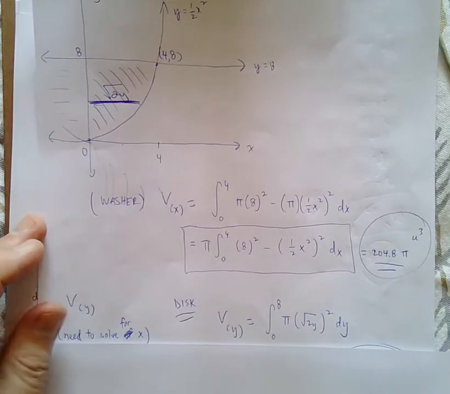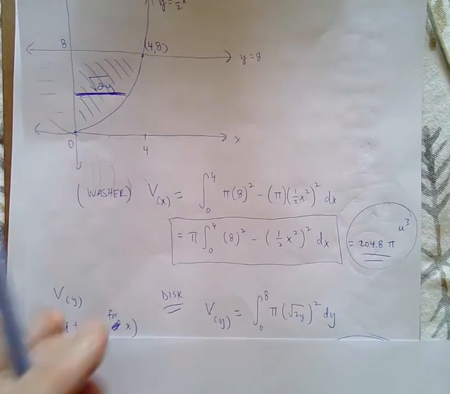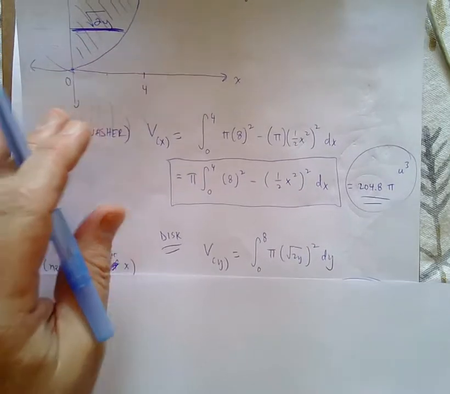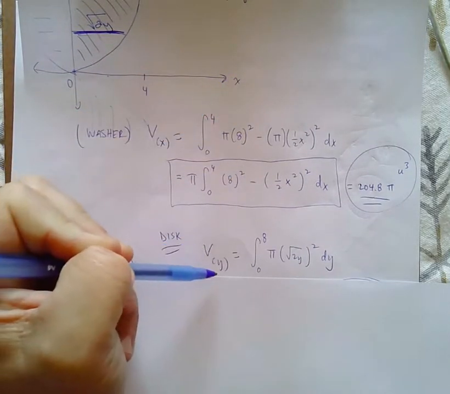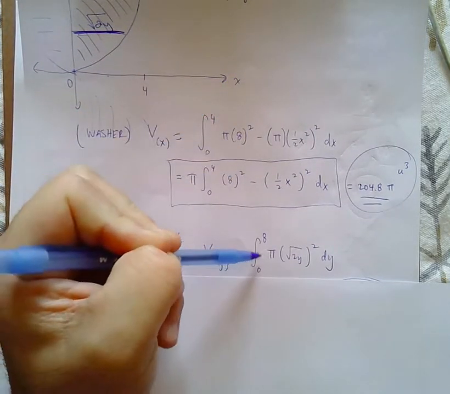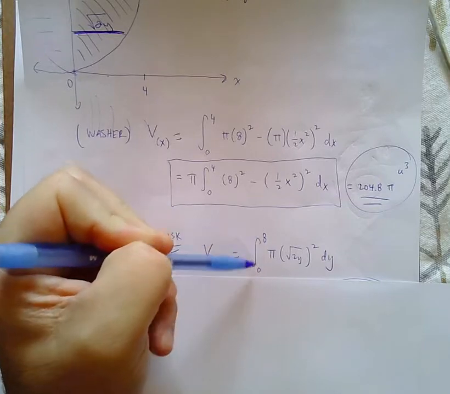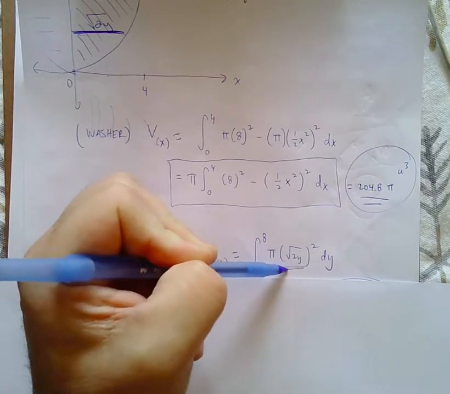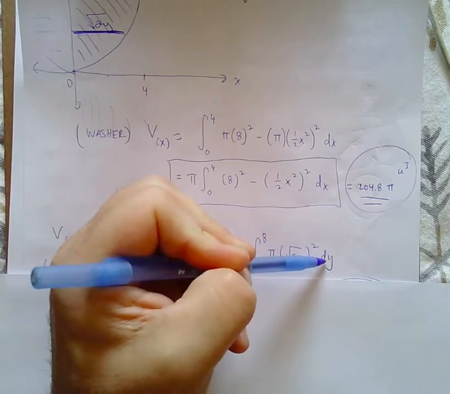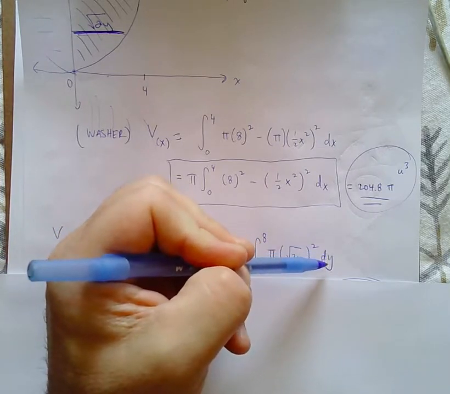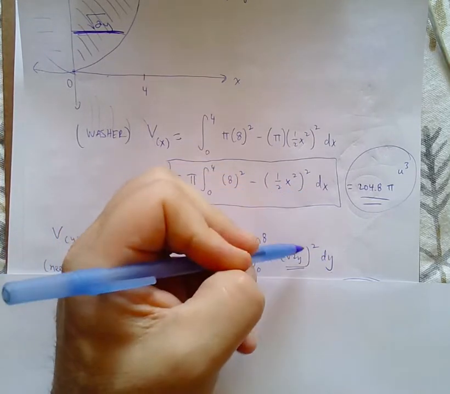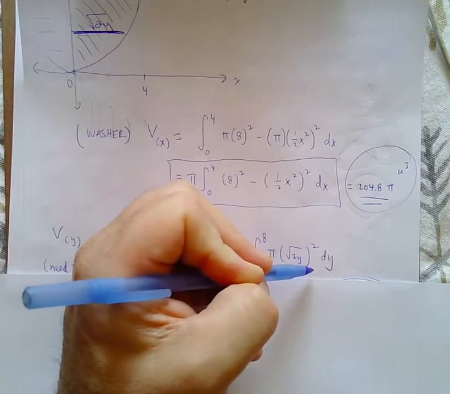Set up the limits of integration. Now this should make some sense. The volume around the y-axis is the integral from 0 to 8 of pi r squared. And instead of writing dx, you're going to write dy. Again, a lot of you made this mistake on the homework, so I do need to correct that as well.